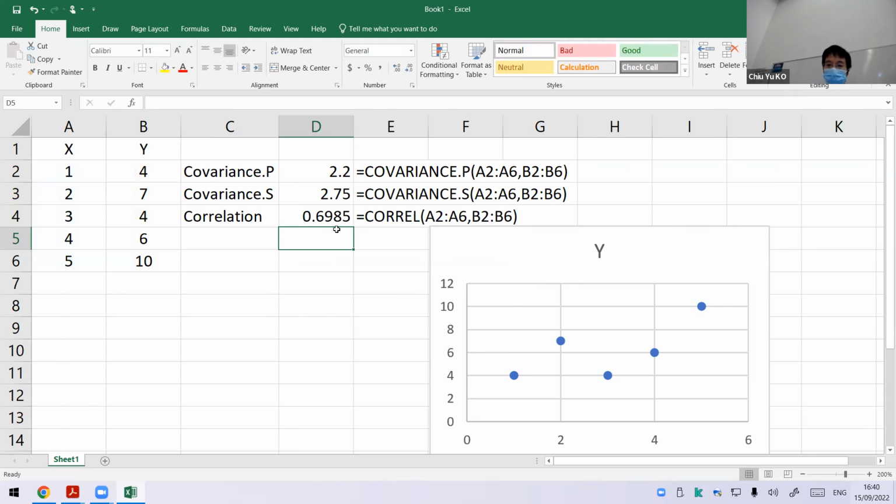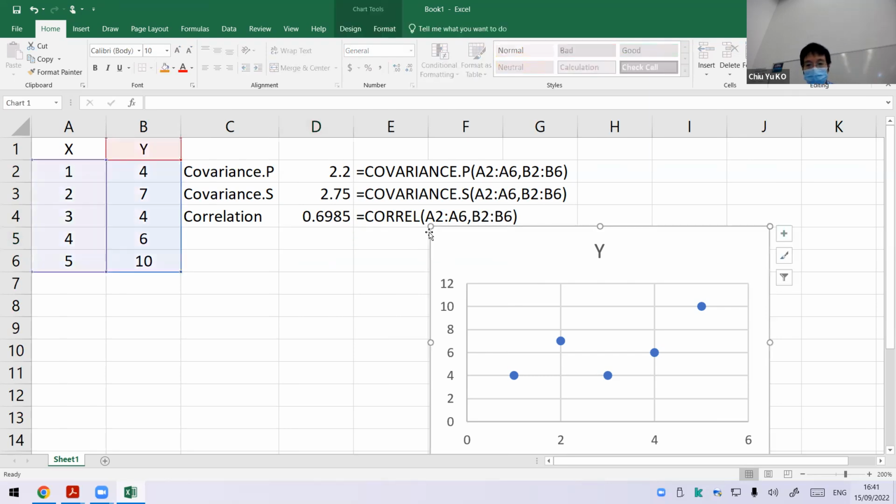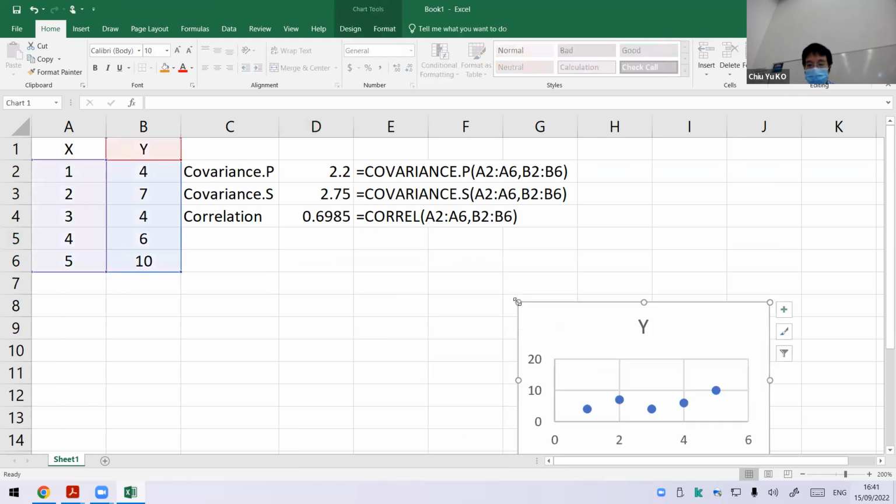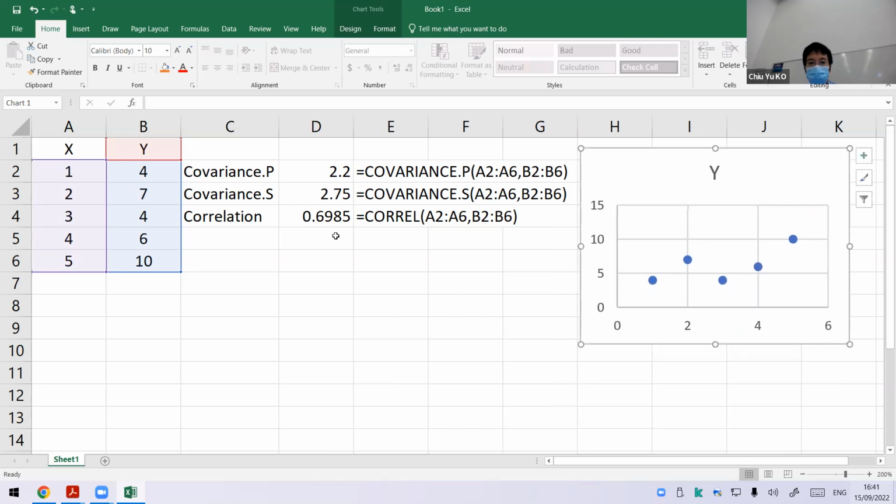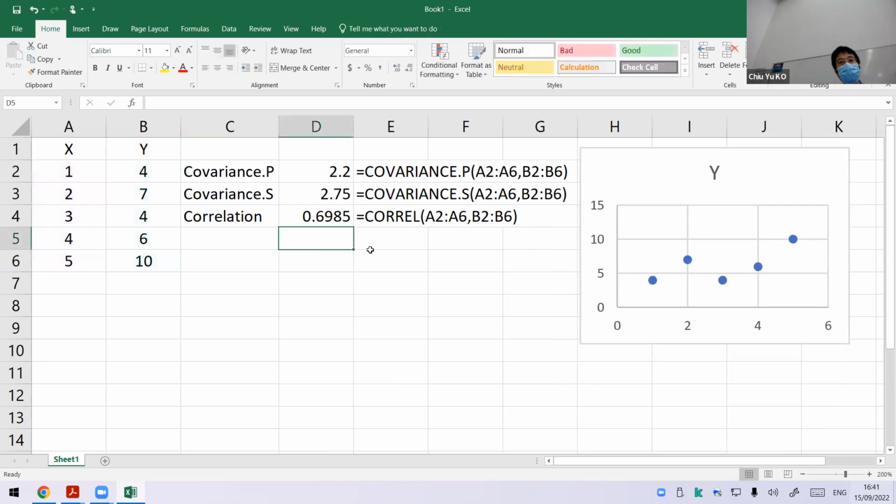So here, because of Excel, I want to try to verify the two formulas. I want to confirm the two formulas here. I want to use the population covariance and population standard deviation to confirm the formula I have.